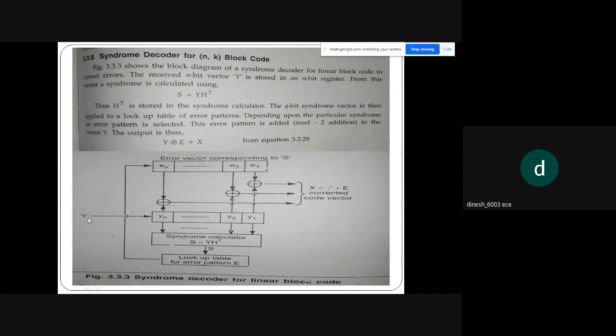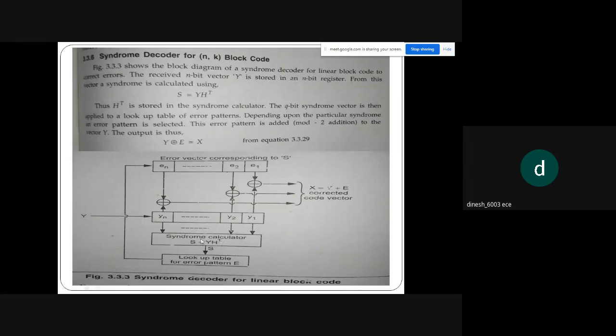Y1, Y2, Y3 till Yn come from the receiver, the received code vector. So how do we calculate this E? E is obtained by doing S equal to Y H transpose for every bit.